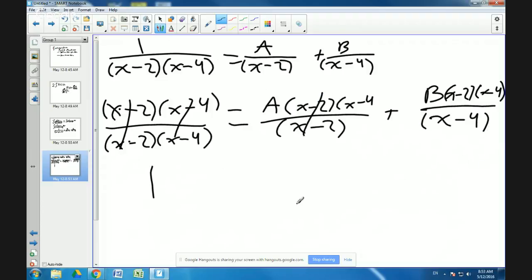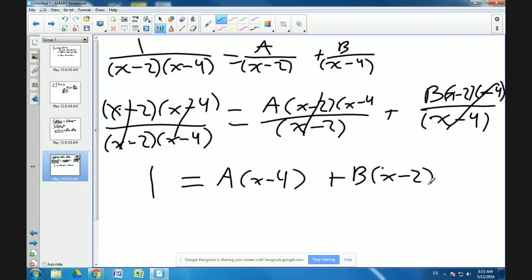Now the x minus 2's cancel out for A and the x minus 4's cancel out for B. So now we have 1 equals A times x minus 4 plus B times x minus 2. Now we have to sub in values for x to find A and B.